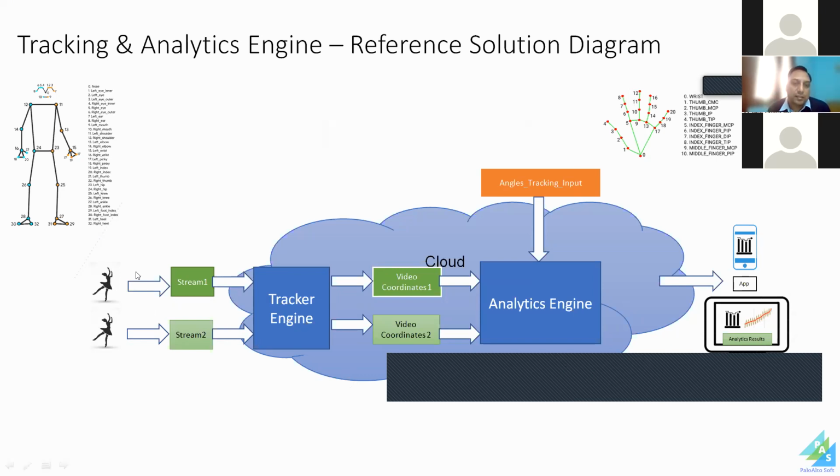Okay. And how will this system connect to the tracker engine, how will the video move into your cloud server? What is the interface mechanism? There are multiple ways to do it. For example, we can develop an interface, a web application, a mobile application, or anything else.